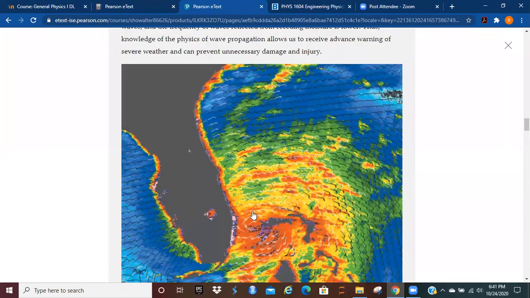Here is an example of the Doppler effect and its applications as far as meteorology goes. You can see the different colors here corresponding to the different speeds and, of course, the direction.